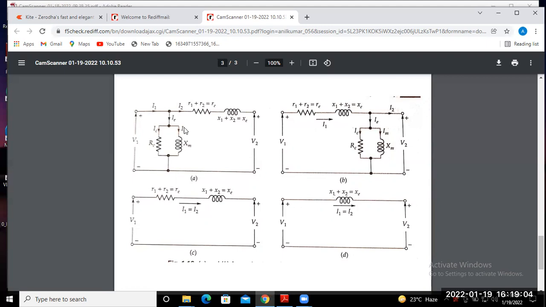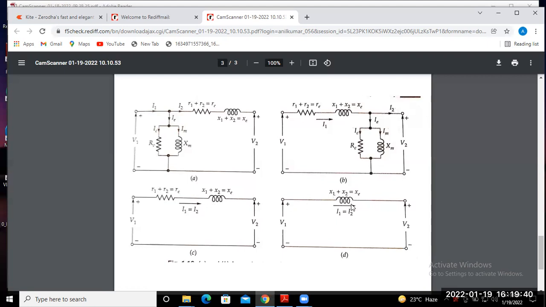Again, if you observe, the equivalent resistance is very small compared to the leakage reactance, so we can simplify further by neglecting the equivalent resistance compared to the equivalent leakage reactance. If the resistance is neglected and we draw the circuit again, it looks like this.